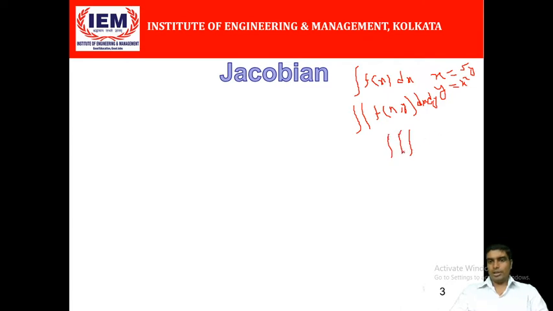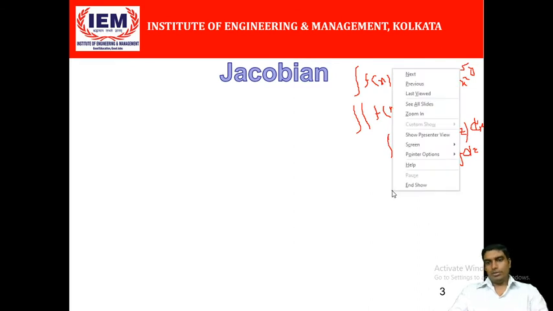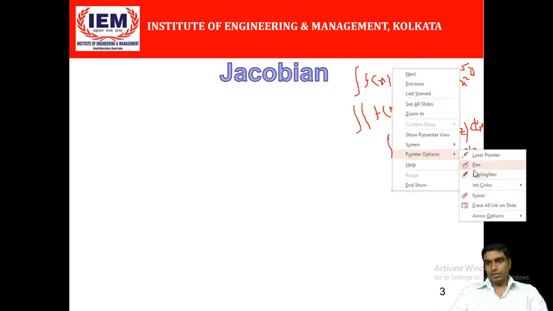Suppose you have some function of x, y, z in three dimensions, with dx, dy and dz, and you want to change the variables from Cartesian to the spherical polar coordinate. Then at that time you require the Jacobian. So how to find the Jacobian? Let's see that.